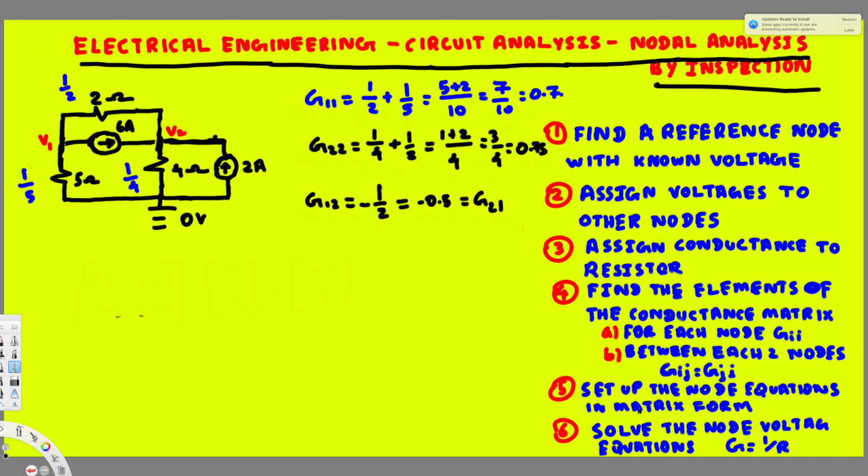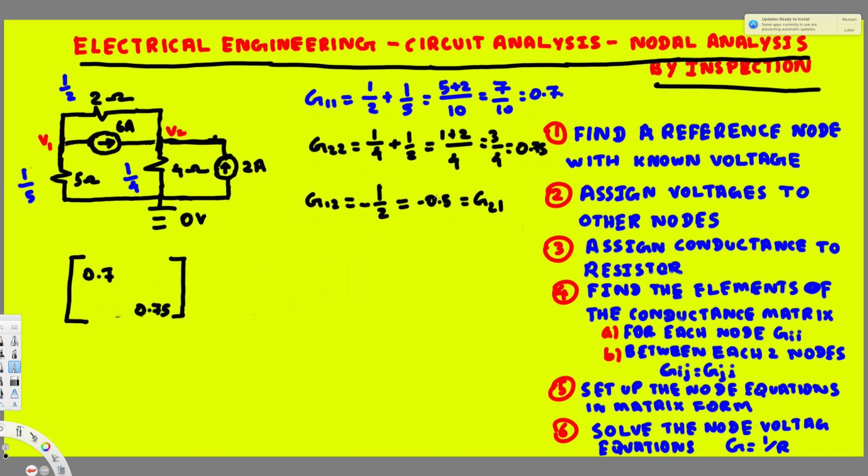And that's it. After that, set up the node equations in matrix form. So how do we set it up is like this. We arrange G11, G22 in the diagonal, like 0.7 on this side and 0.75 on this side.